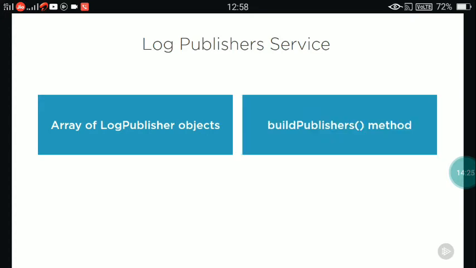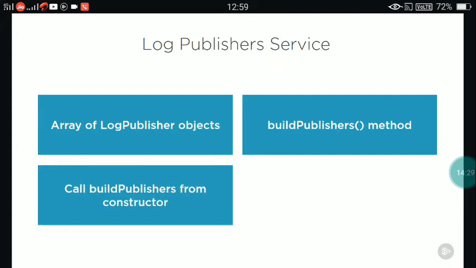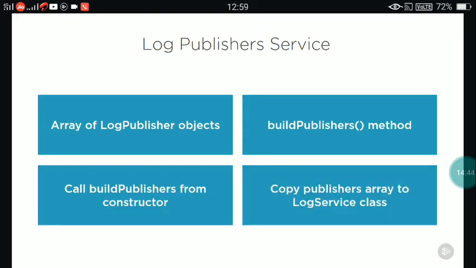We're going to create a build publishers method inside of this log publishers service that gets called from the constructor of this service. And this build publishers, its whole job is to create a list of log publisher objects. To start out, we're just going to hard code each one in, but eventually we'll read them from a JSON file.